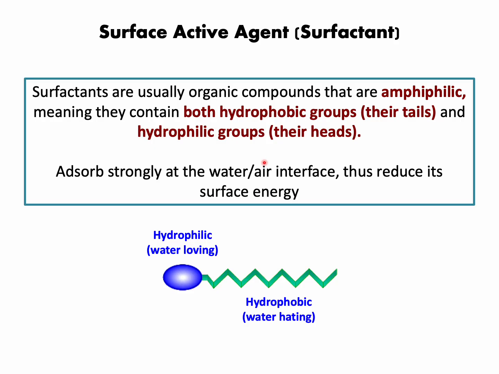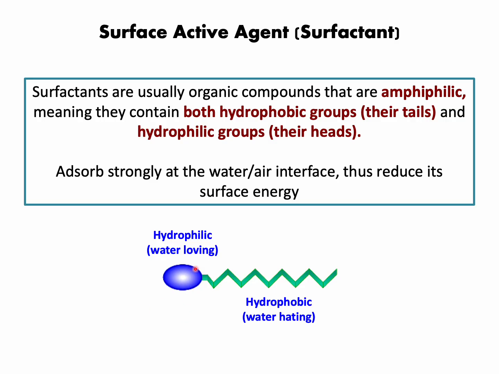Alright, before this slide, I mentioned surface active agent or surfactant. So what are surfactants? Surfactants are usually organic compounds that are described as amphiphilic. This means that they contain two different types of group within the same molecule.